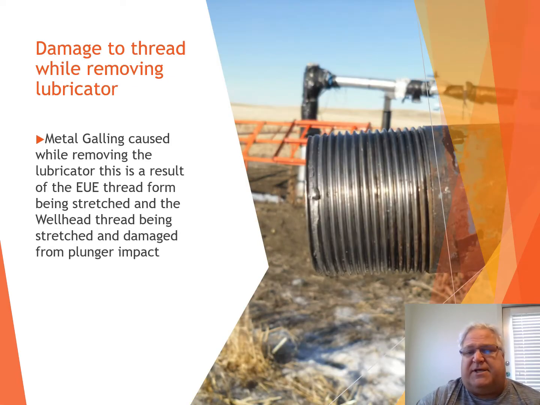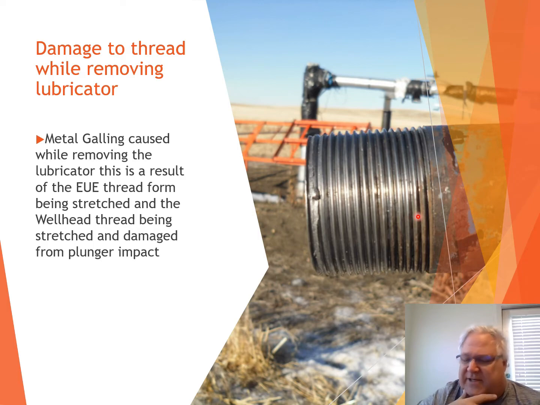It's pretty easy to understand why, and there'll be a little animation coming up that shows that every time the plunger goes into the floaty, and it's much bigger than your tubing drift, for example, it actually pulls that plunger to that side where the floaty is, and then it runs up the side and hits right into the bottom edge of that lubricator and damages it.